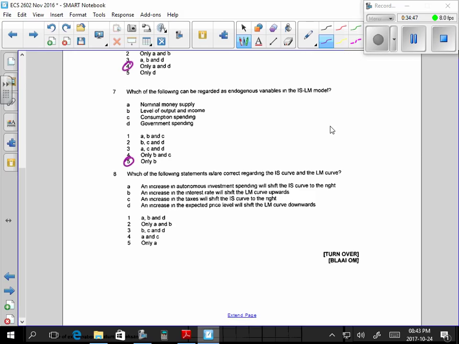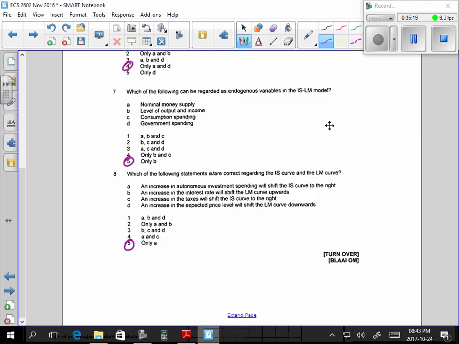Question 8. Which of the following statements is correct regarding the ISLM curve? Now, it would be option A. Remember, fiscal policy shifts your IS curve, monetary policy shifts your LM curve.